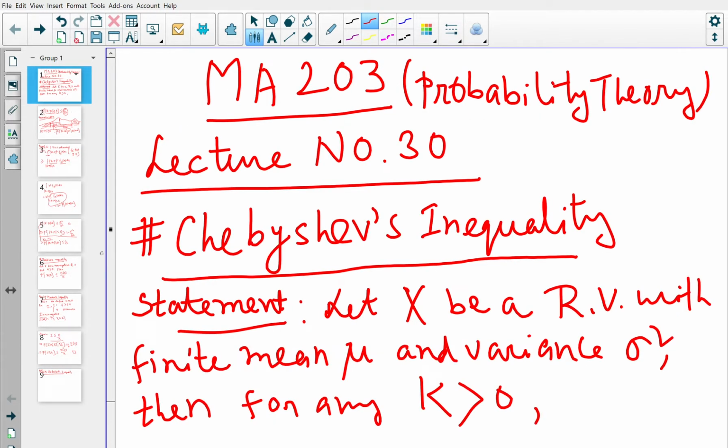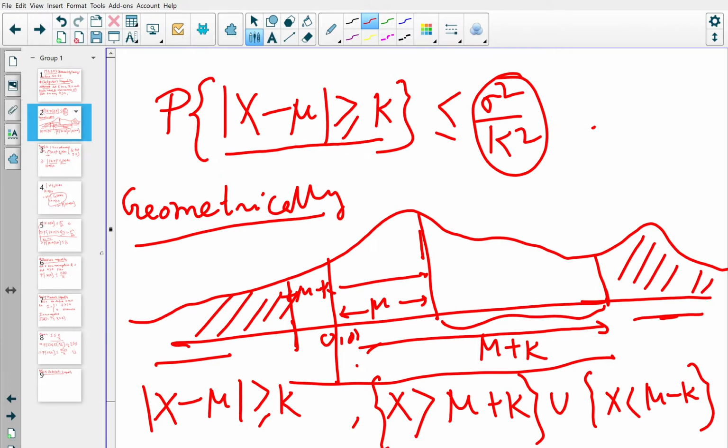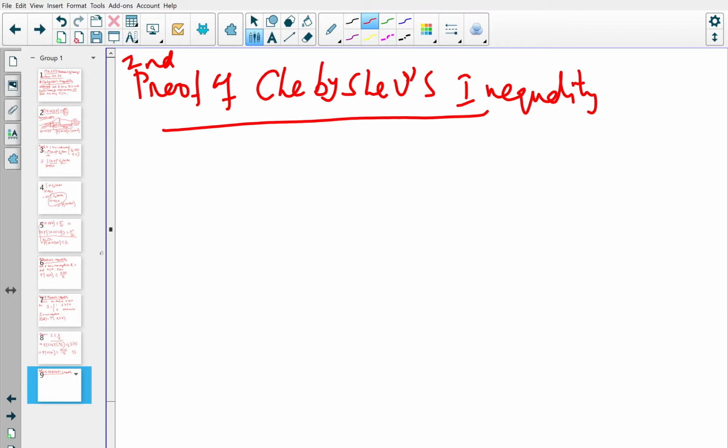You have a random variable with finite mean mu and variance sigma square. Both mu and sigma square are finite, okay. Then it tells you that the probability of this outer portion is bounded by sigma square by k square, and then you can give a proof.